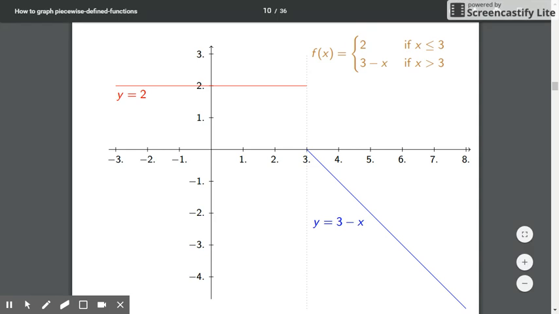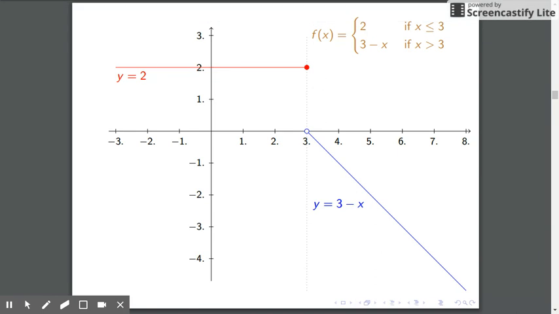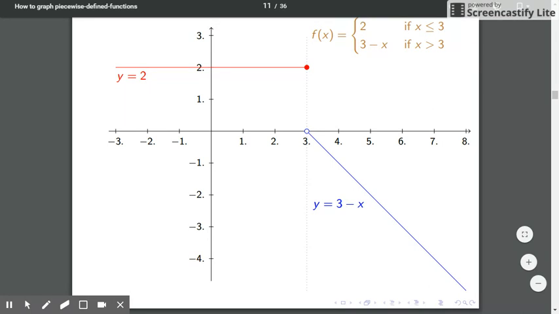That's 2, and the point (3, 2) is going to be right over here. The other piece of the function is not going to have an endpoint at x equal to 3 because it's not included. So one filled circle here, and one empty circle there.